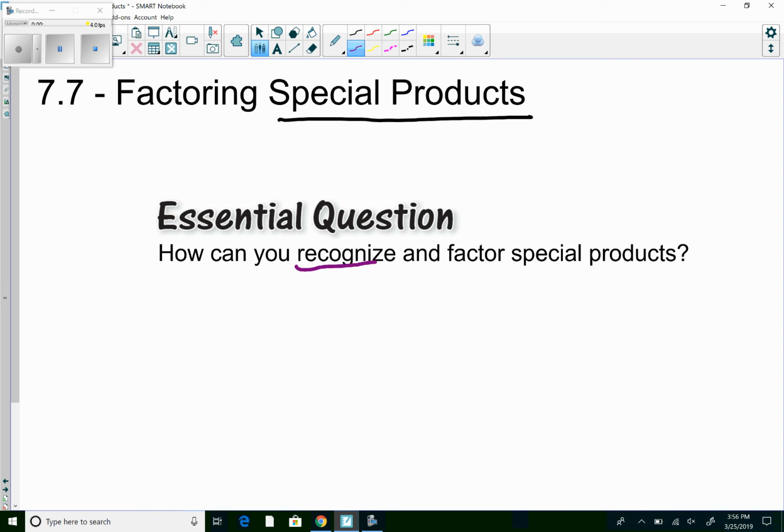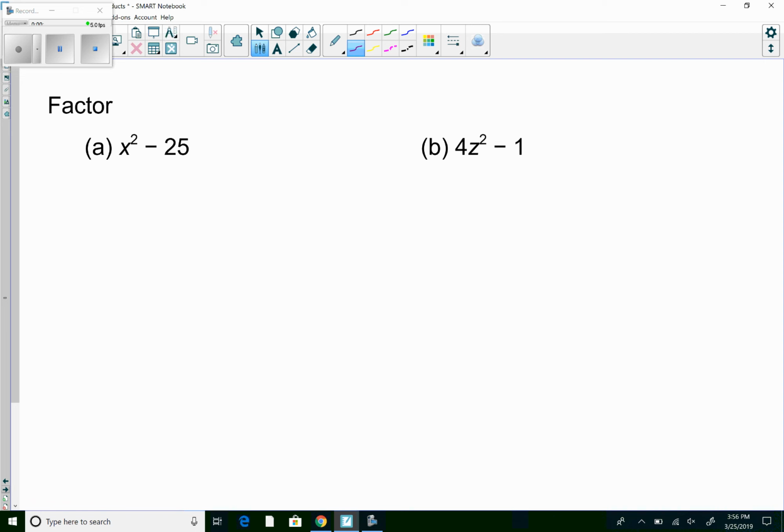That's a really big word for us right here. We have to be able to recognize these special products. Once we're able to recognize them, factoring them is actually going to be pretty simple, but we have to recognize.